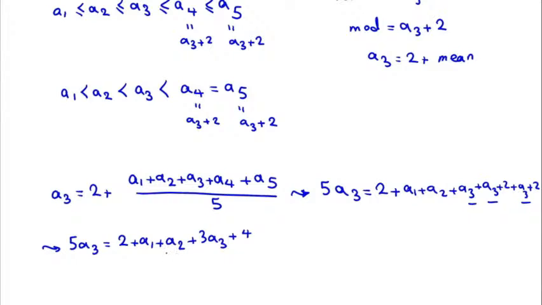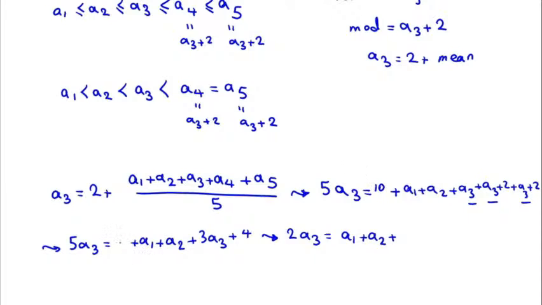Now, in the next step, I subtract 3A3 from both sides. I have 2A3 equal to A1 plus A2 plus 6. Here I forgot to multiply 5 by 2, so let's erase 2 here, 10, 2 here, 10, and then we can correct this.